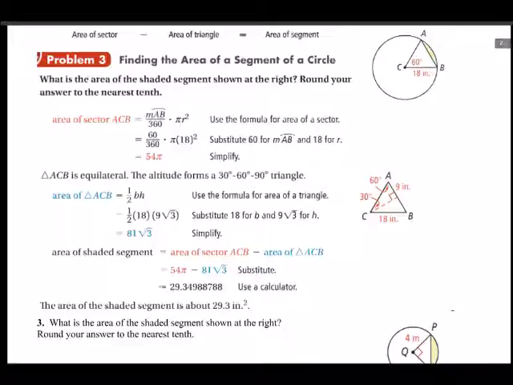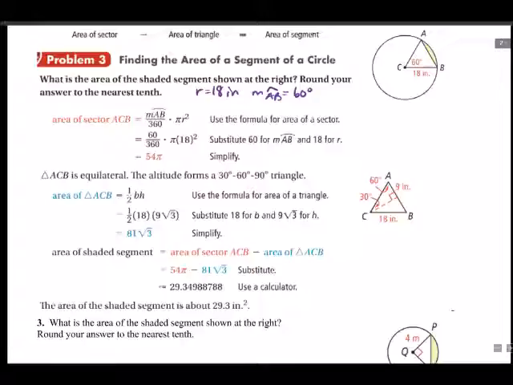We want to know the area of our little segment here. So we need to have the area of the sector. What do we know about our sector? We know that we have a radius of 18 inches and the measure of arc AB is 60 degrees.